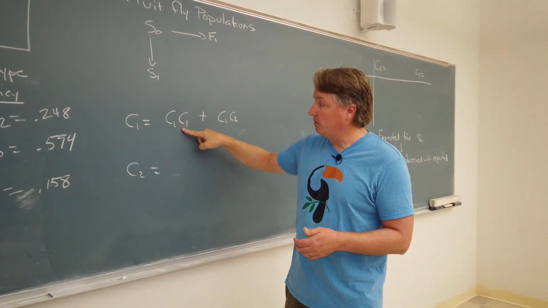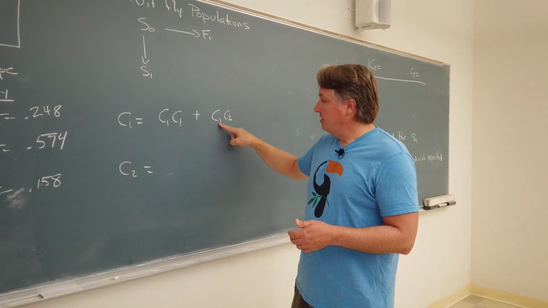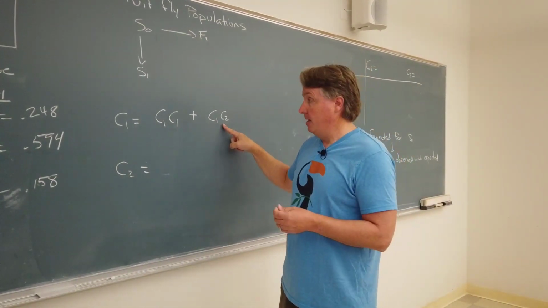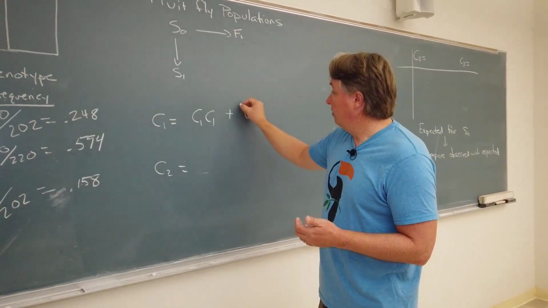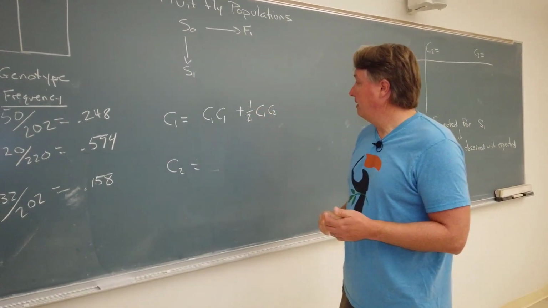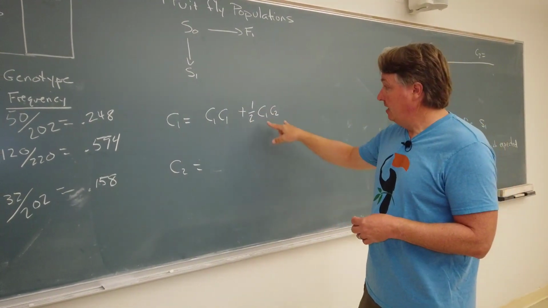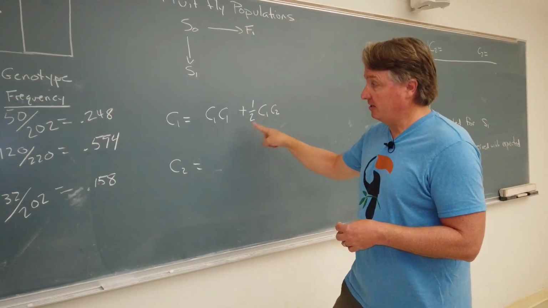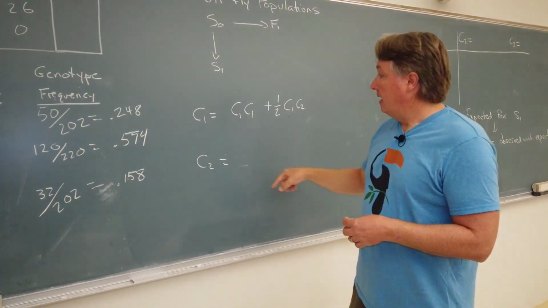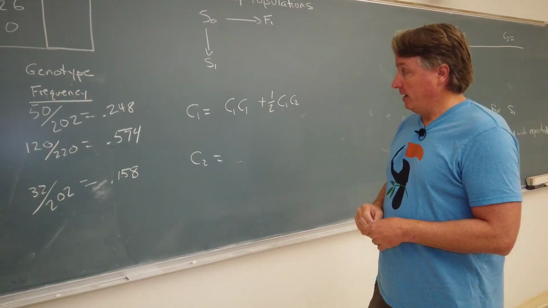C1C1 is going to be the frequency of the genotype. C1C2 is going to be the frequency of that genotype. But what we also want to do then is, for the heterozygote, multiply that value by 1/2. And the reason we do that is, in the heterozygote, only half the alleles are the allele we're interested in, in this case, C1. And so that's why we're going to multiply that by 1/2.